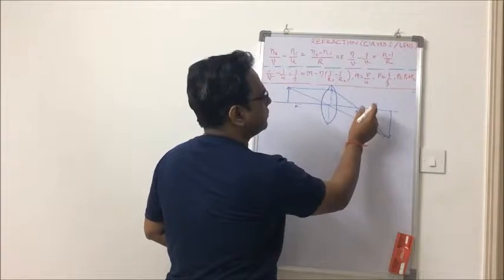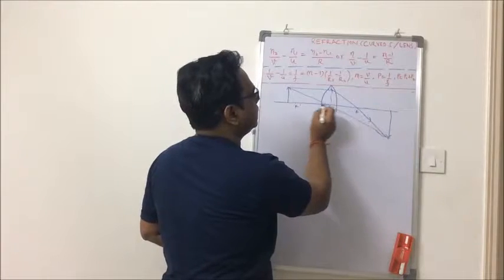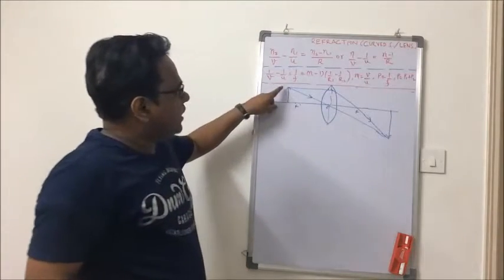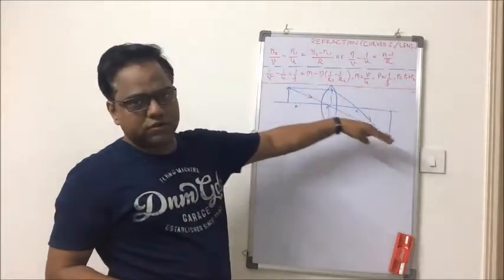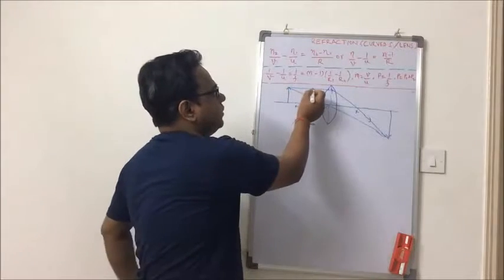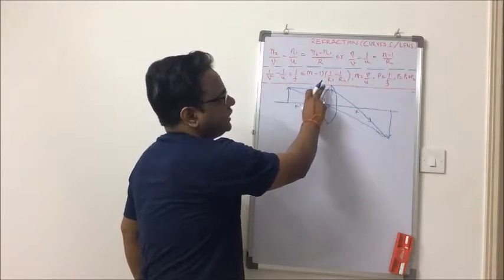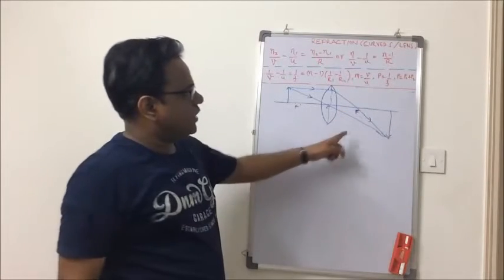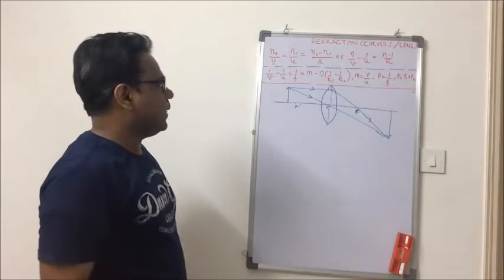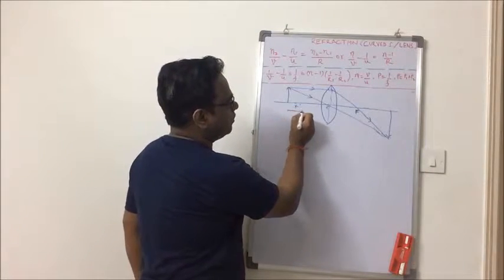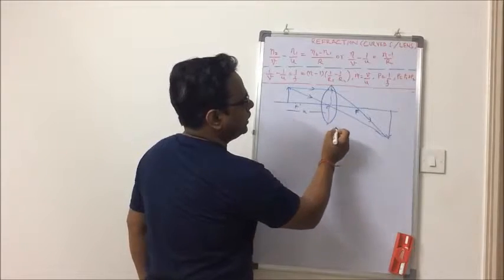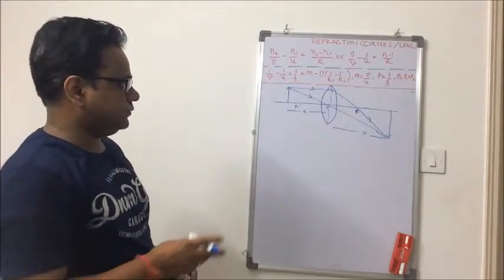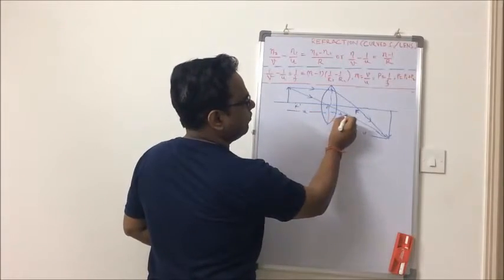This is your F. This is your C. Any ray passing through C goes straight, and one ray parallel to principal axis has to go from focal point F, and they cut at some point. So now this would be your U, this would be your V, F we know, this length would be your F.